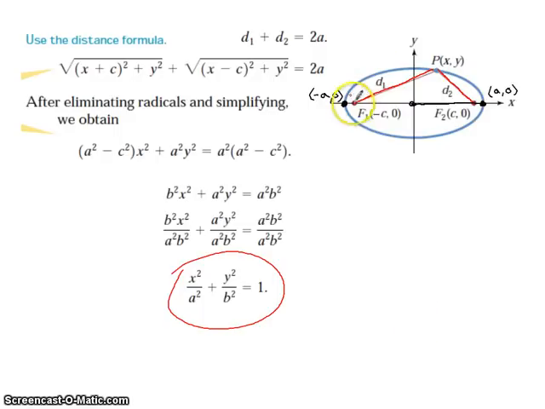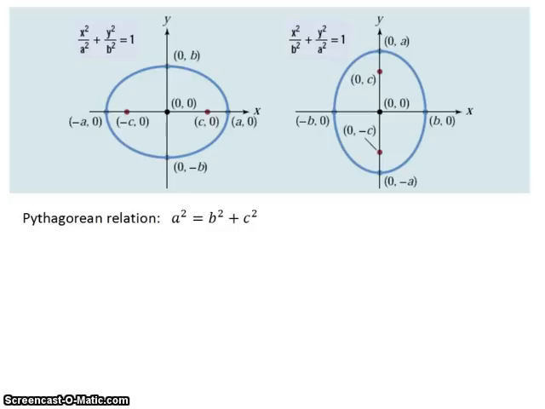If we identify some points on the ellipse and use the distance formula for d1 and d2 and simplify, we're going to eventually come up with the equation of the ellipse centered at the origin, with the horizontal axis being the major axis along that x-axis. We're going to be dealing with two equations right now. One with the major axis at the x-axis and the other with the major axis along the y-axis.